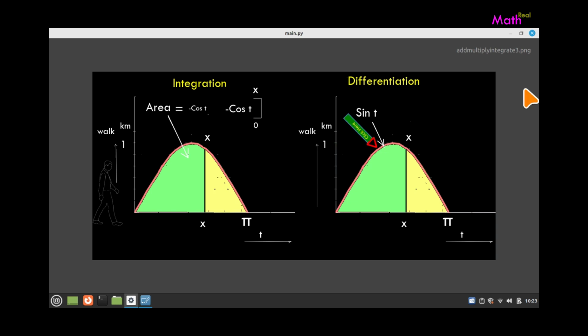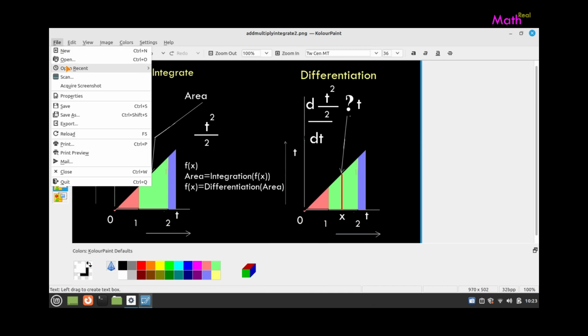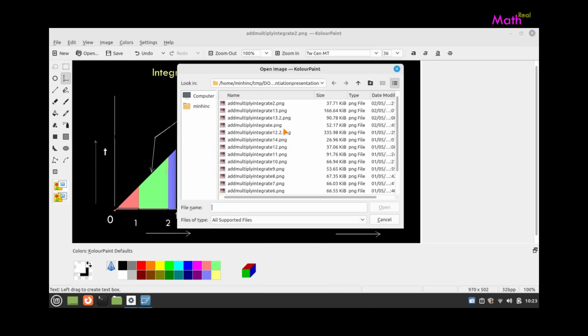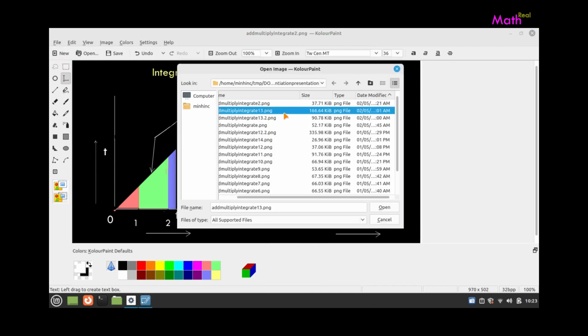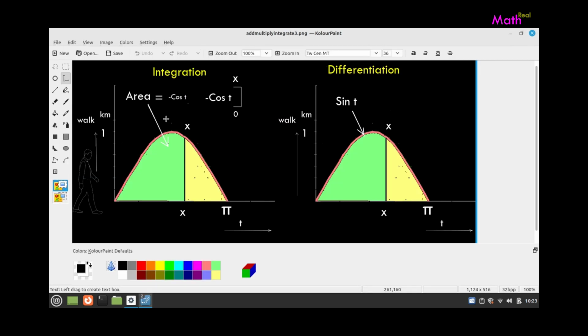So I can write it like this. Now I know that the area covered is minus cos t.